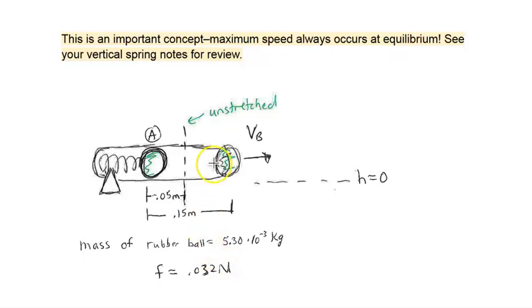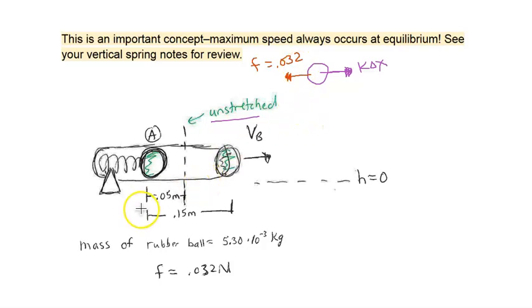And there was friction before. So the spring is pushing out with a force K delta X. Delta X is decreasing, so the spring force is getting smaller and smaller because it's getting closer to unstretched. Friction is a constant force of, they calculated it for you, 0.032 newtons.